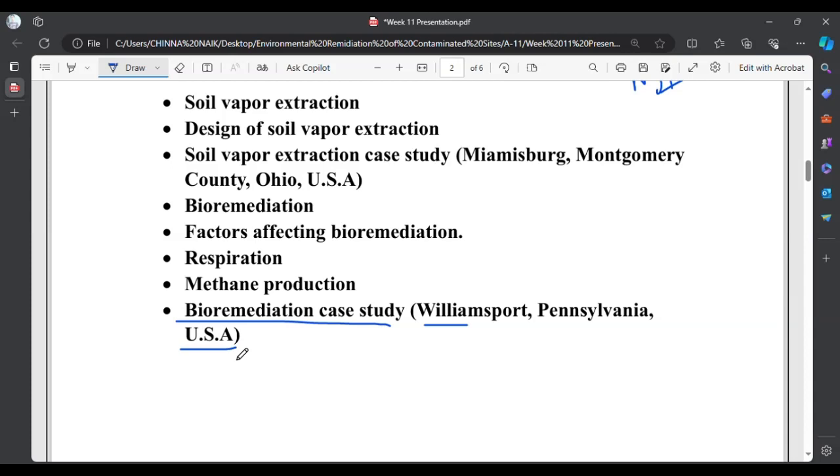The mechanism they chose to remediate that contaminated site is anaerobic reductive dechlorination.